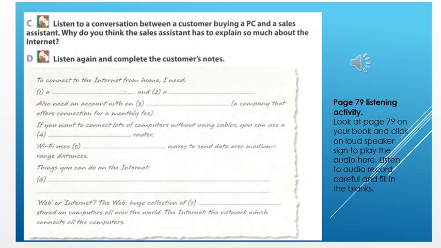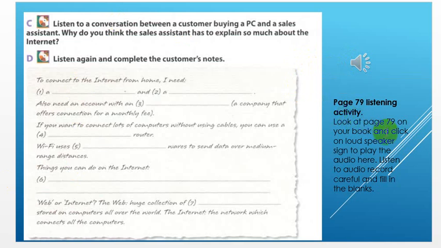Here is a listening activity. Listen to the conversation between a customer buying a PC and a sales assistant. Why do you think the sales assistant has to explain so much about the Internet? Once you want to listen to this audio clip, click on the sign of the loudspeaker and you can play it from here and listen very carefully.